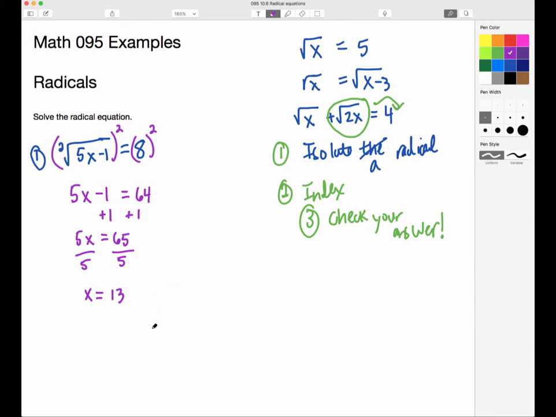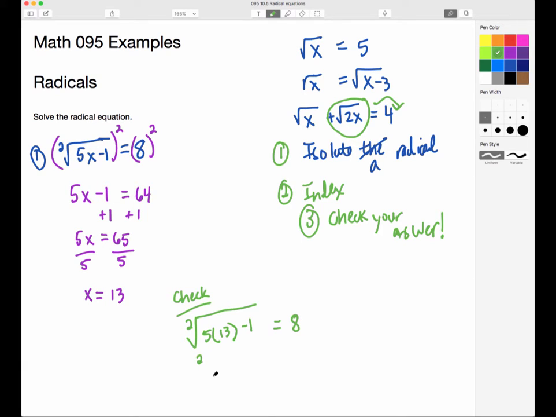So now I'll go back and check my work, just in case. So I'll be taking the square root of 5 times 13 minus 1, and I want to see if that equals 8.